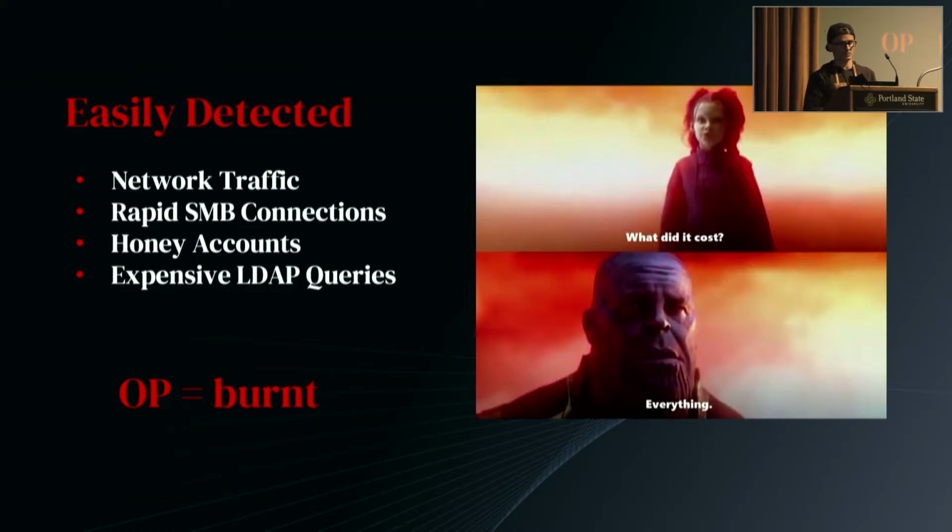BloodHound and similar tools generate a tremendous amount of network traffic, which can trigger internal IDS and IPS solutions, especially if it's running over clear text LDAP, so it can just sniff everything in the clear. And as the tool resolves hosts, if the requisite flags are enabled, it will actually attempt to connect to each host that it resolves through DNS and try to identify session data, so if there are any logged in users at the time, as well as what users or principals might have local admin rights.